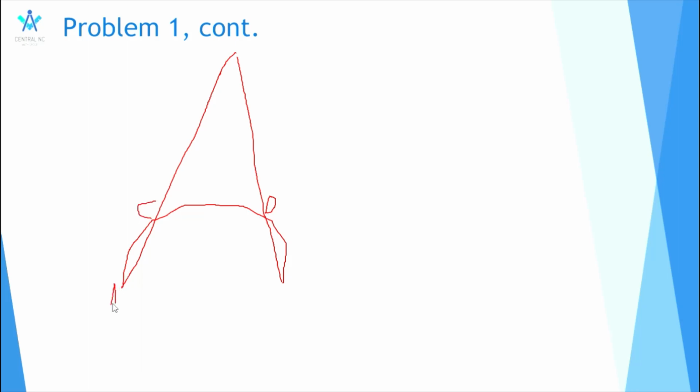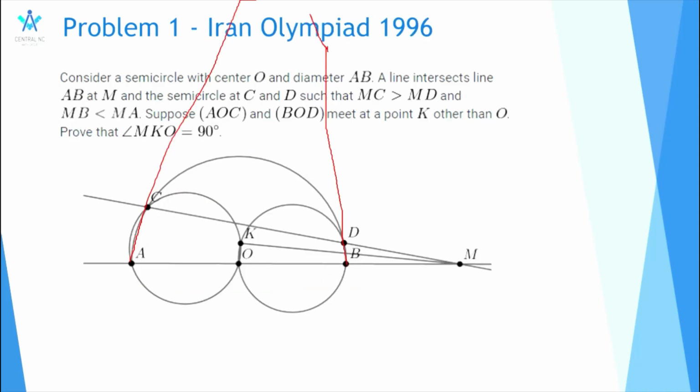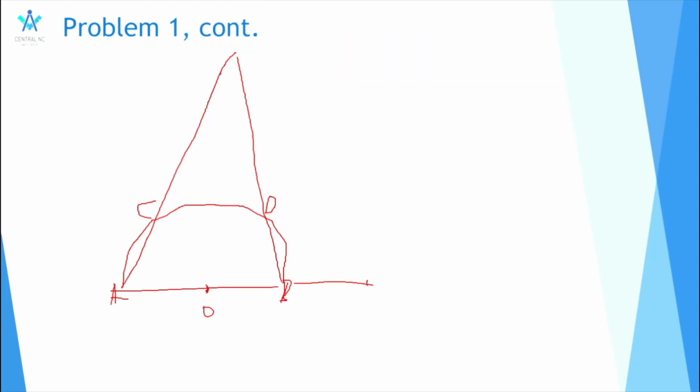A. I'm not going to draw in the circles of OAC, OBD because we actually don't even need them now when we use our inversion. And this is actually because I forgot to draw this line here.